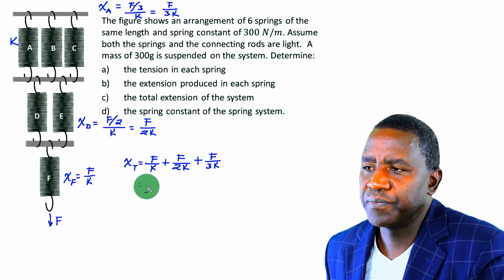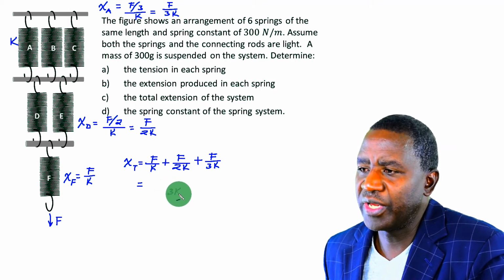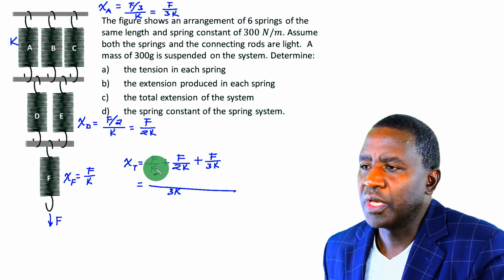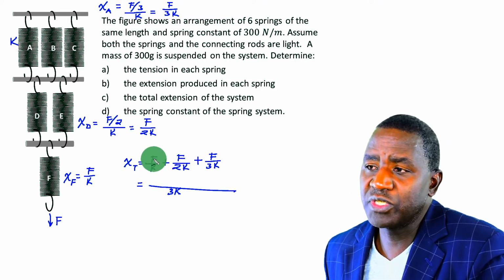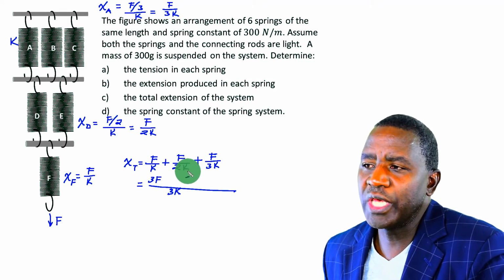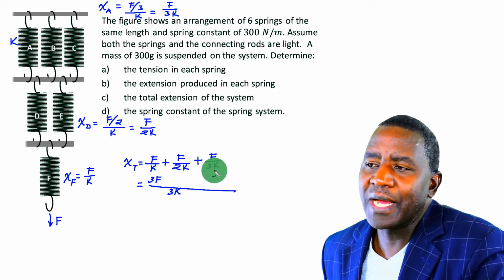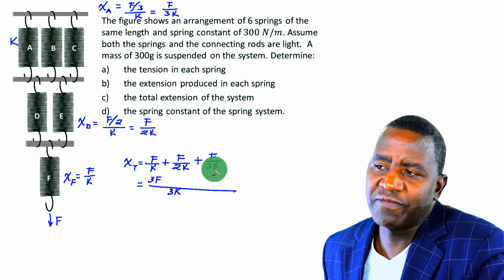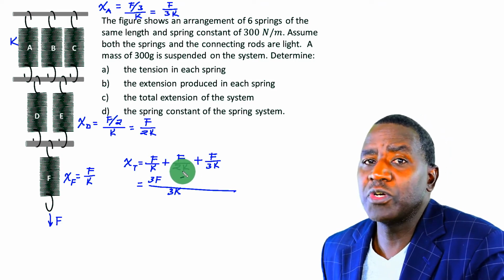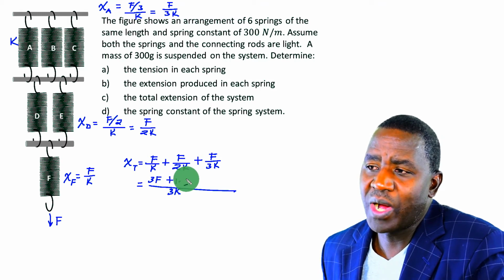At this point, we are adding fractions, and when we add fractions, we want to use the LCM. So the LCM is definitely 3K. K goes into 3K 3 times. 3 times F, I get 3F. 2K goes into 3K 1.5 times. In other words, if I divide 3K by 2K, I get 1.5. So 1.5 times F gives me 1.5F.